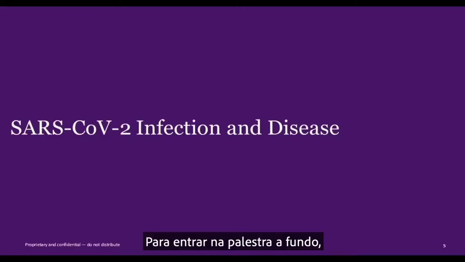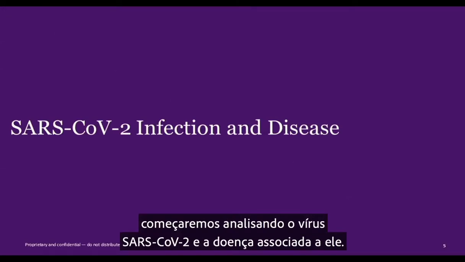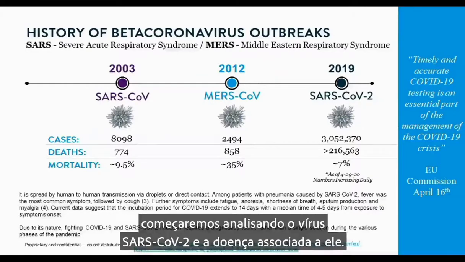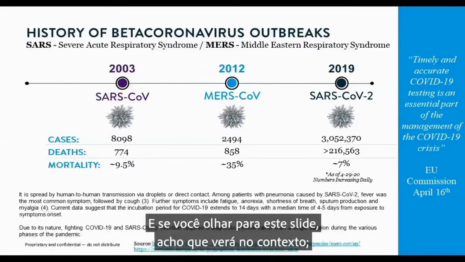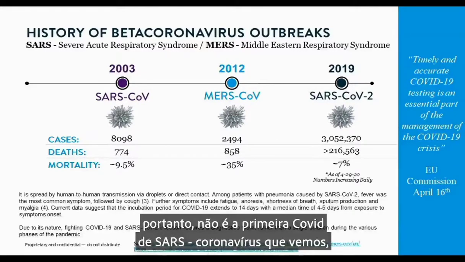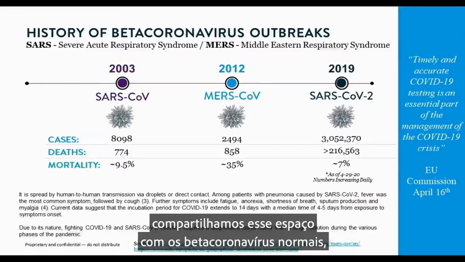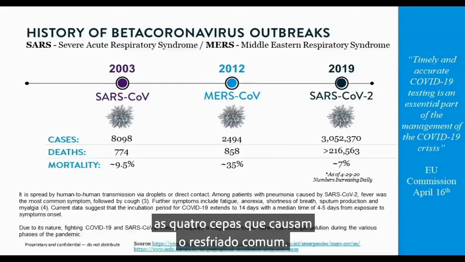So then, to get into the talk in earnest, we'll start off by looking at the SARS-CoV-2 virus and the disease associated with it. And if we look at this slide, I think you see it in context. So it's not the first SARS-CoV coronavirus that we've seen. Obviously, we share this space with the normal beta coronaviruses, the 4 strains that cause the common cold.